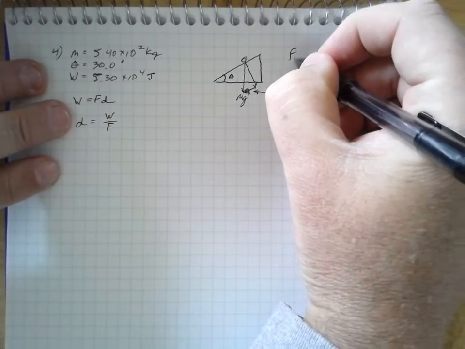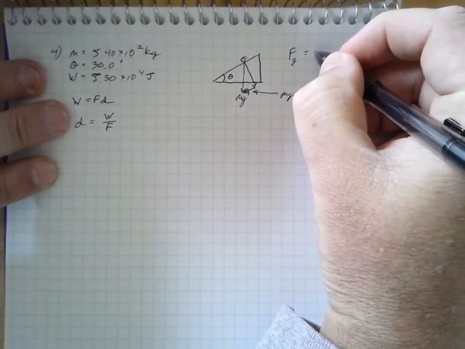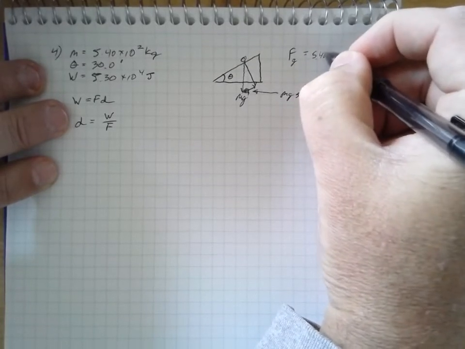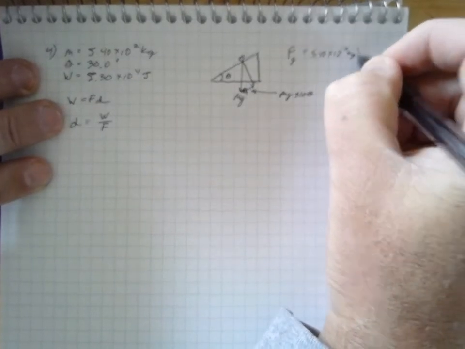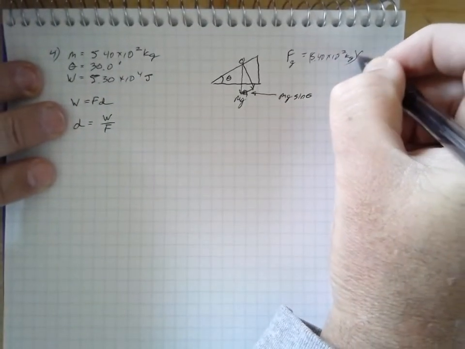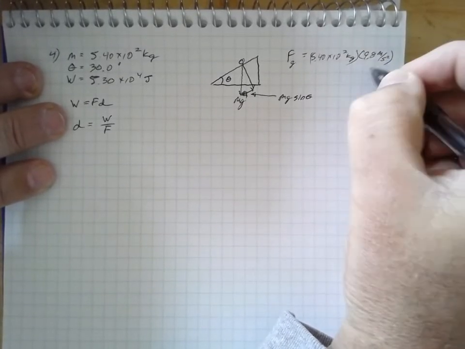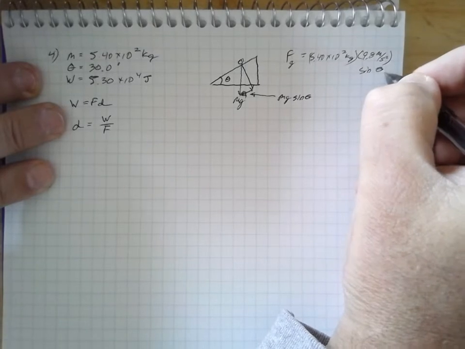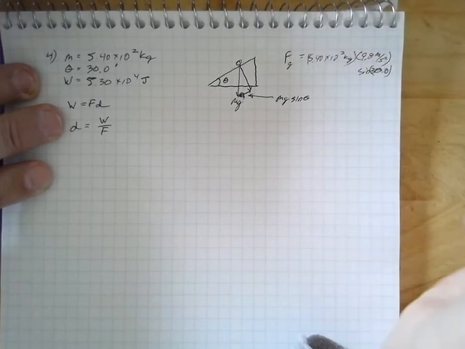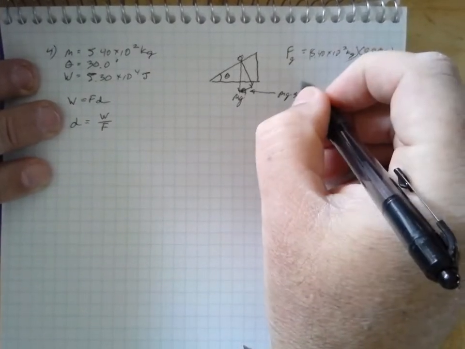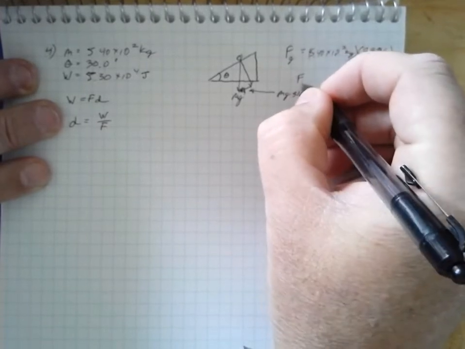Force of gravity is going to be the mass, which is 5.40 times 10 to the 2 kilograms, times gravity, 9.8 meters per second squared, times the sine of theta, which is 30.0 degrees.